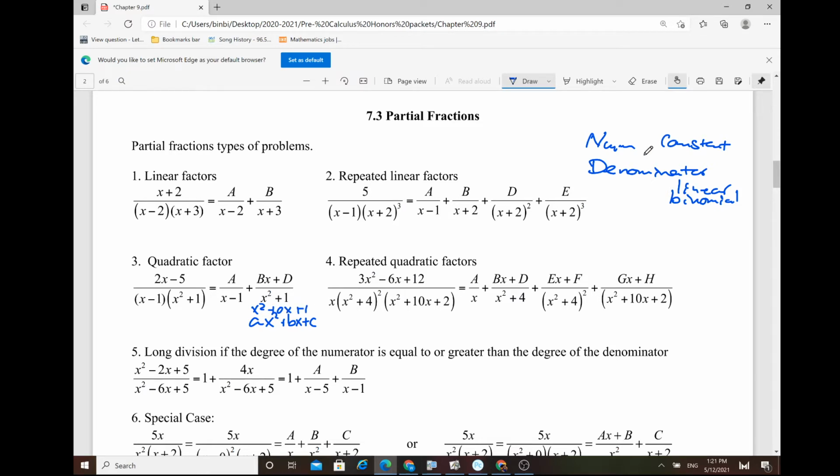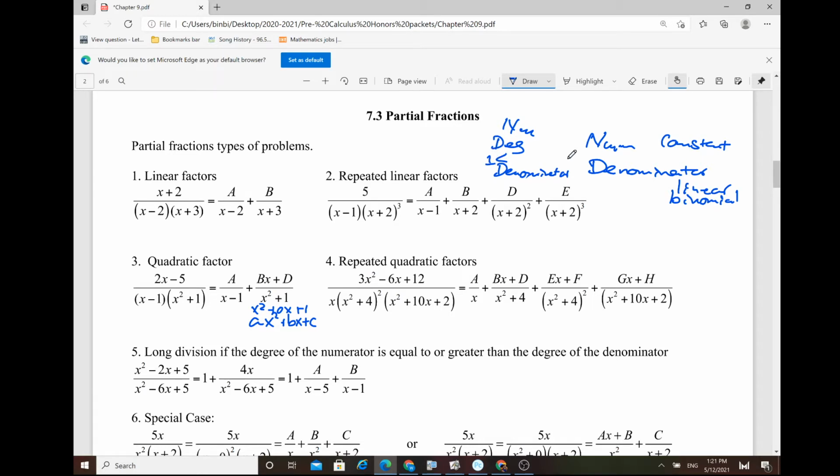Again, the numerator is always one term less than the denominator, which is also one degree less.